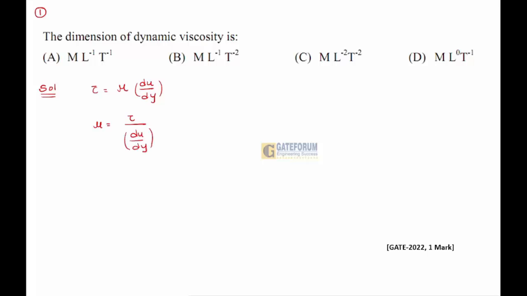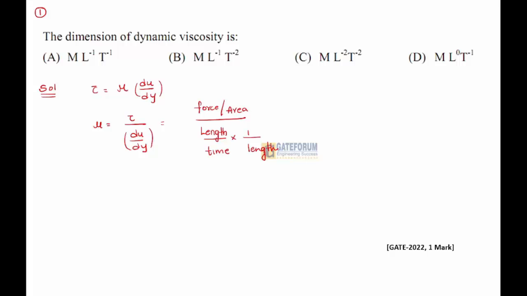I will be writing it in this way. Stress is force per area. Du by dy will be length by time, and distance is 1 by length. This is how I will write du by dy, the velocity gradient.